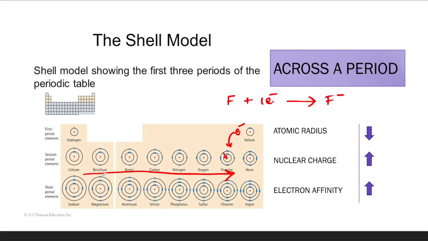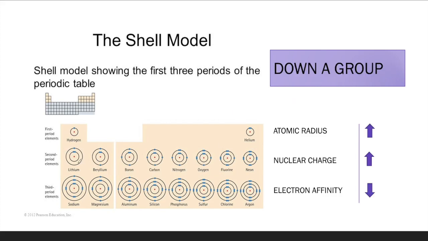Therefore, when you go across a period, the amount of energy released would be much higher for fluorine, because fluorine would readily accept an electron and form its stable ion.